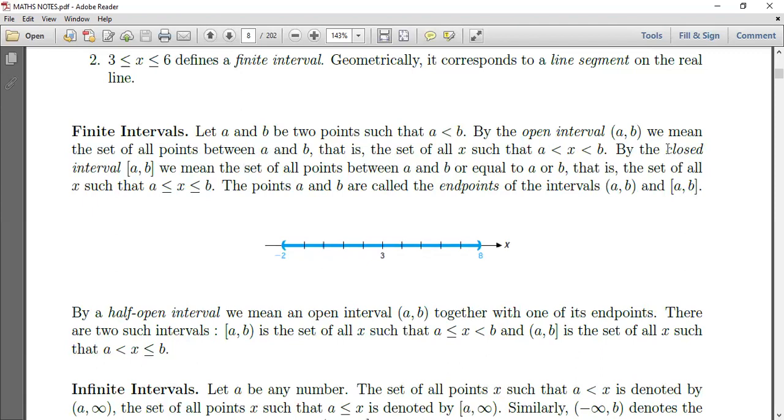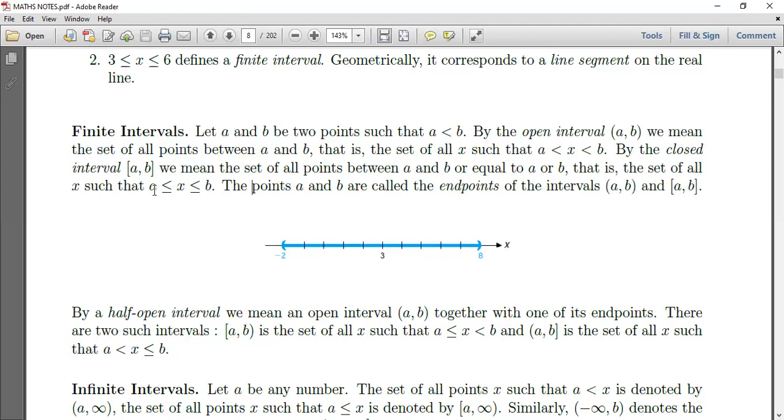Unlike a closed interval, which we write using square brackets: square bracket A, B, then close with a square bracket. When we are writing a closed interval, we are saying A less than or equal to X less than or equal to B. The numbers A and B, which are the boundaries of our interval, are also part of that interval.